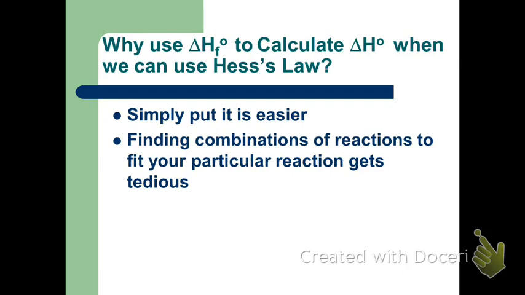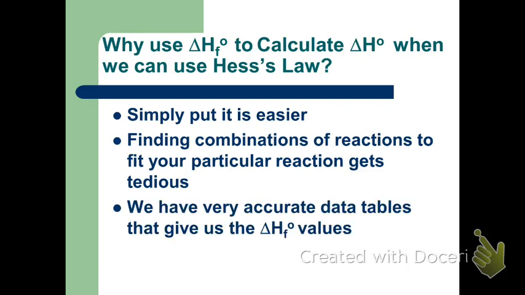It turns out there have been hundreds of thousands of chemists before you who have created data tables you can look up that give very good delta H of formation values for all sorts of different chemicals. If you're at the cutting edge of research making new chemicals, you might have to use Hess's law, but for simpler reactions you should be able to look these numbers up.